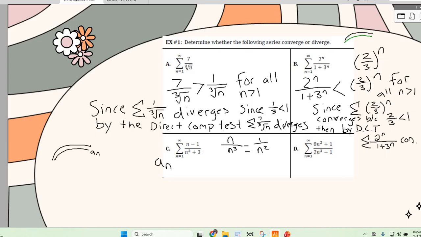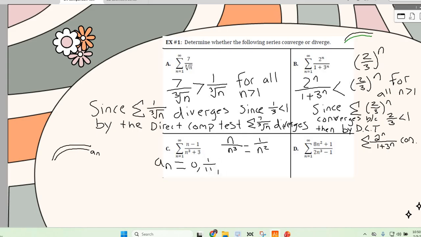So we could just plug in some numbers. What do we get if we plug in 1 to our original, my original base of it? 0. Okay. What do I get if I plug in 2? 1 over 11.